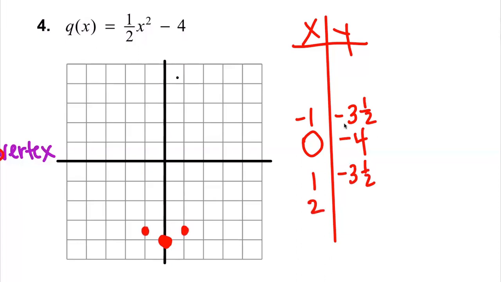It may be easier to plug in 2 and -2, because then we would get -2. And if you wanted, you could also plug in 4 and -4, because if you plug in 4 or -4, you would get 1/2 times 16, which is 8, minus 4, which is 4.